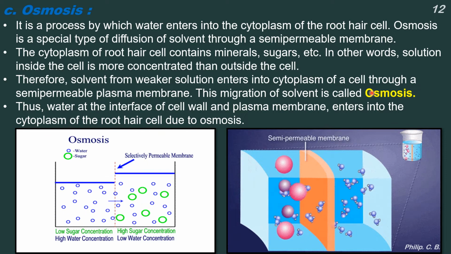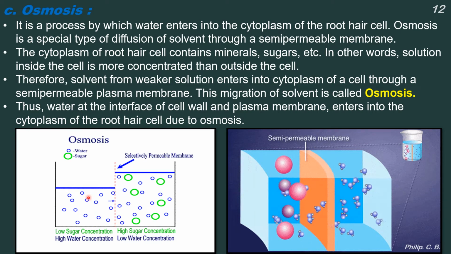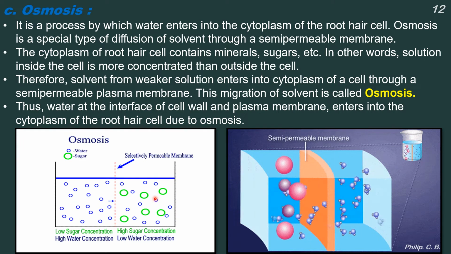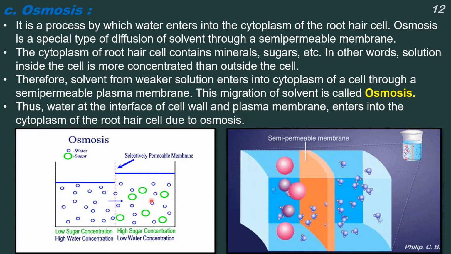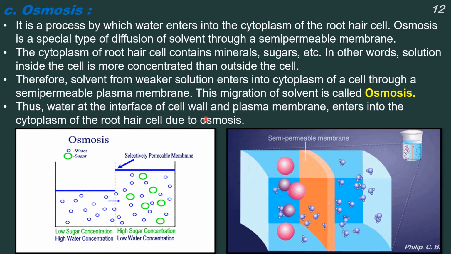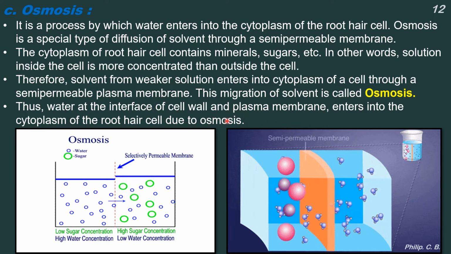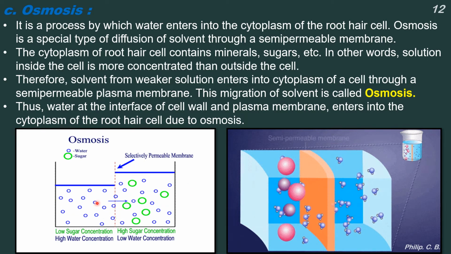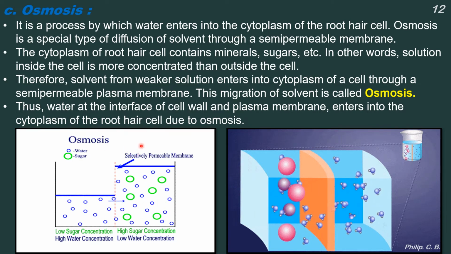So now with this definition as well as the image, it is very clear that water molecules pass through the semi-permeable membrane into the higher concentration, or as we learned, from the weaker solution to the stronger solution, or higher sugar concentration. Thus, water at the interface of the cell wall and plasma membrane enters into the cytoplasm of the root hair cell due to osmosis. So this water is moving from the low sugar concentration to the higher sugar concentration due to osmosis. Clear?